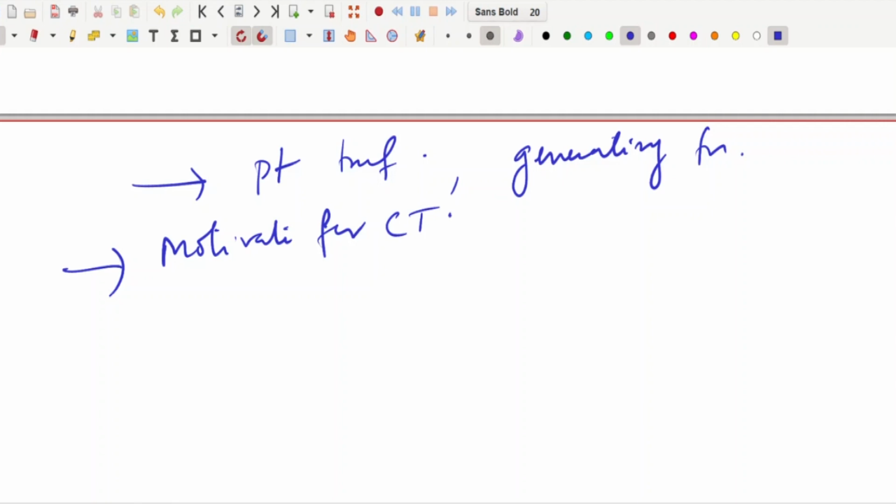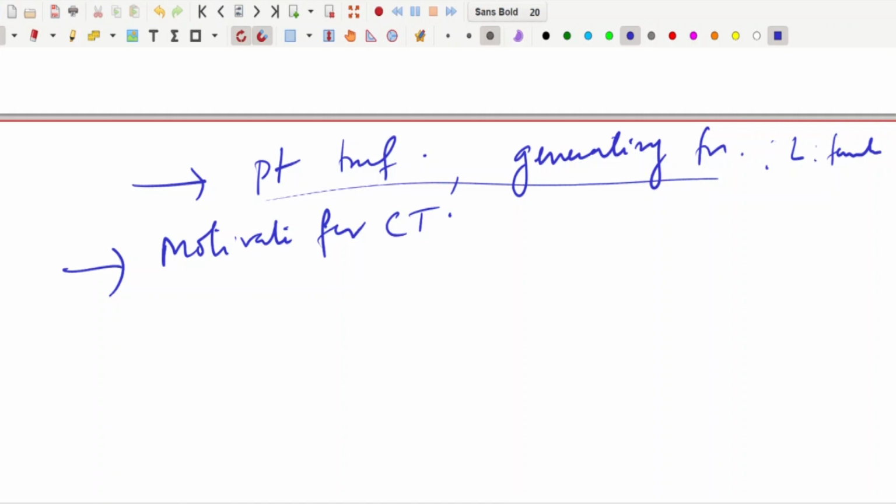This point transformation you can consider in the Lagrangian formulation, and then we motivated canonical transformation: if we make a transformation to simplify the dynamics and find some coordinate cyclic, then it will be helpful in finding the solution.